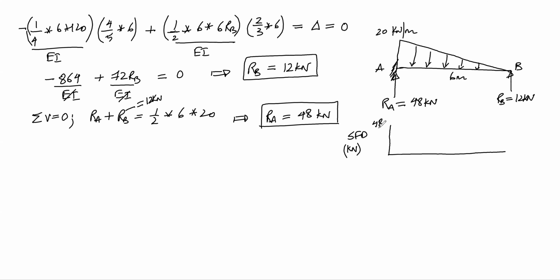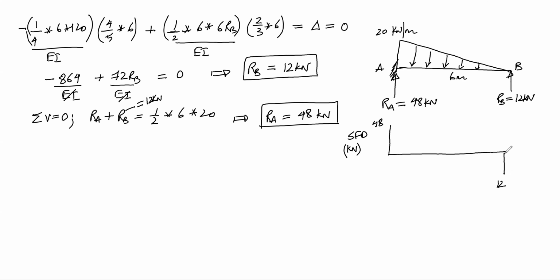So it will be 48 minus the area of this triangular load, that is half into 6 into 20, which is 12 kilonewtons. So minus 12 kilonewtons, this will be minus 12. And at point B, there is an upward force of 12 kilonewtons.